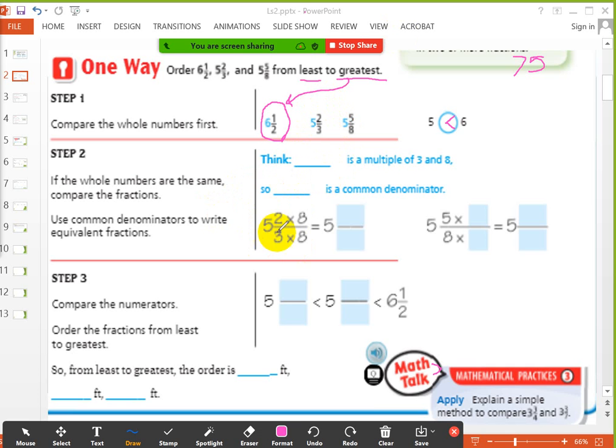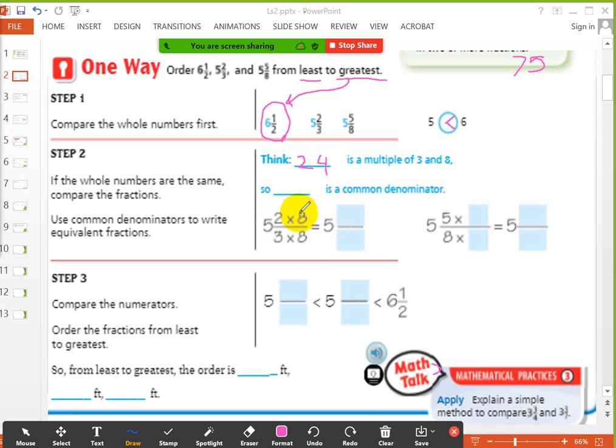First, I want to make the denominator 24. How will I do that? I want to multiply 2 over 3 by 8, but I have to multiply the numerator and denominator by the same number to keep the same value of the fraction.